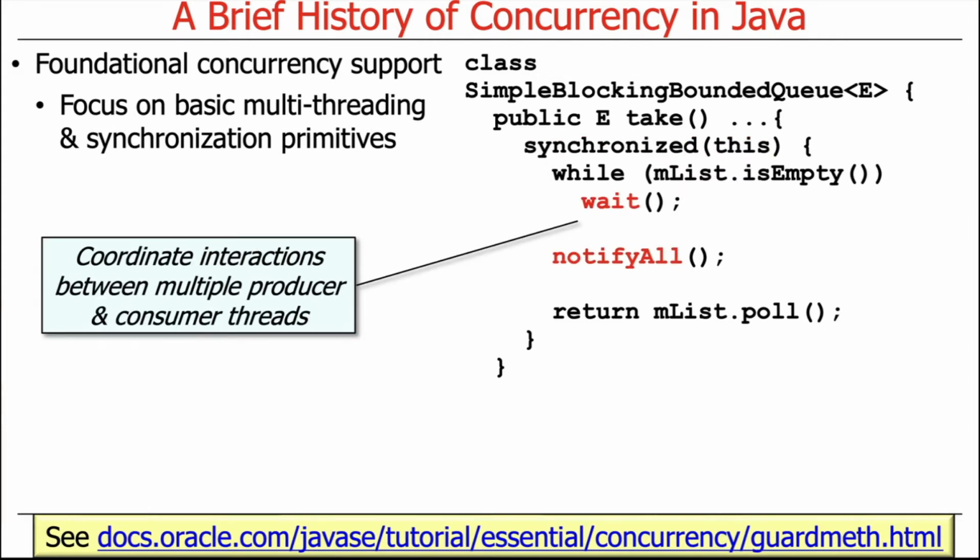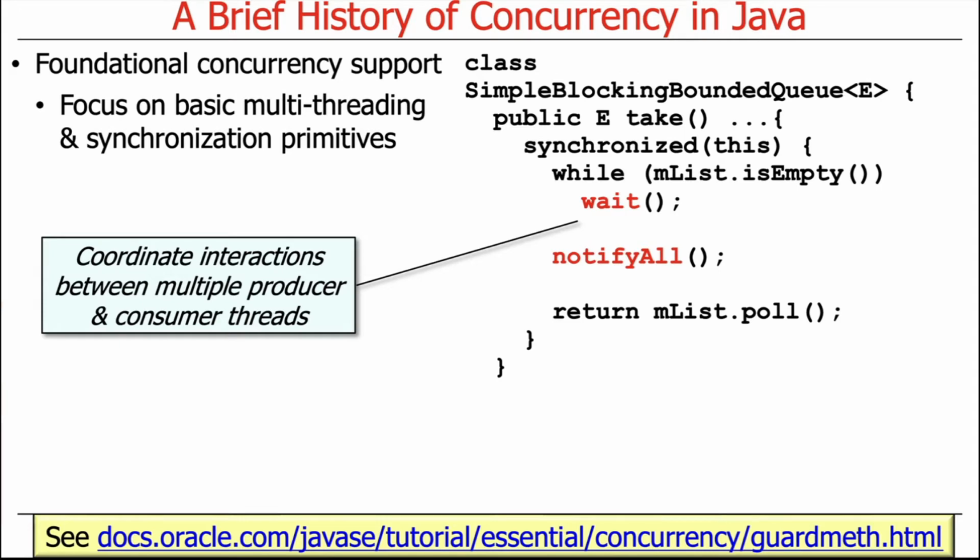And then while the queue is empty, while the list is empty in the queue, wait. And what wait does is it goes ahead and releases the intrinsic lock and puts the calling thread to sleep until another thread comes along and puts something in the queue and wakes it up by notifying it.